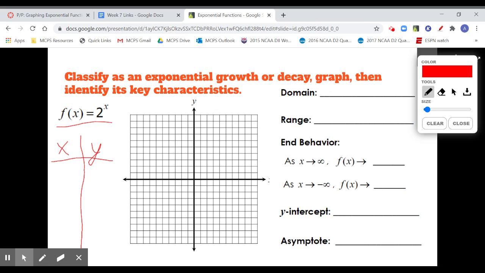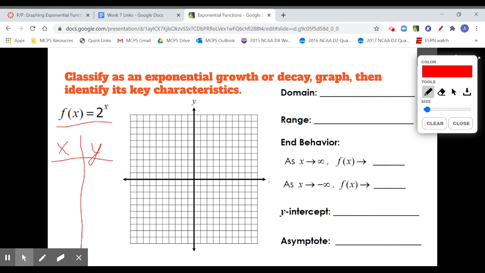For instance, picking the number 6 would not be a wise choice for me here, because if I were to plug the number 6 in for x, I would get 64, and I cannot plot the y value of 64 on this graph. So I'm going to want to pick a couple values that are relatively close to 0, slightly smaller values, so that I don't have anything too crazy.